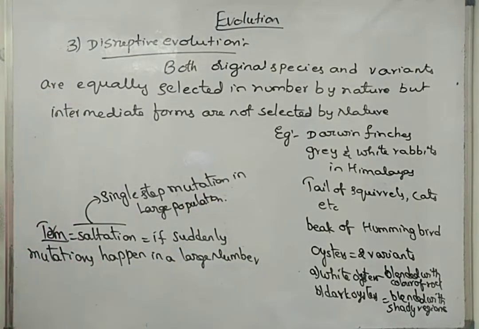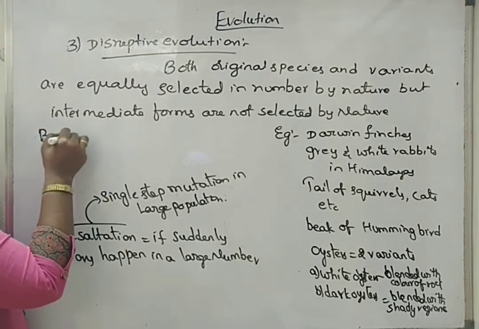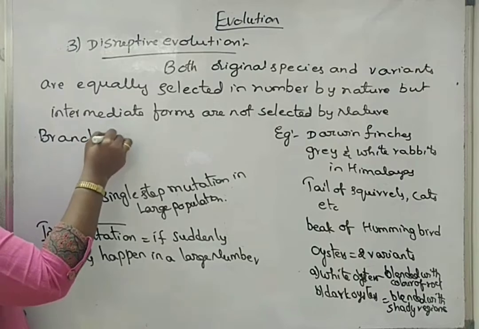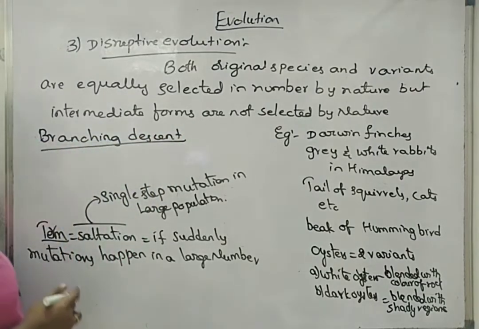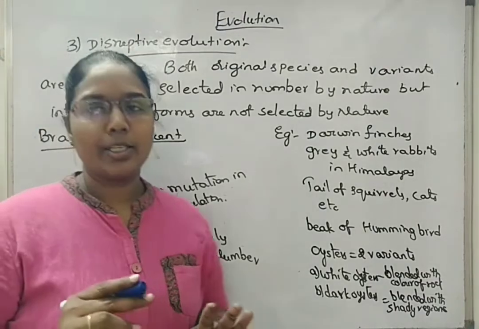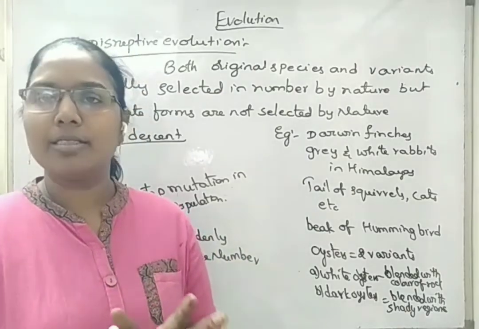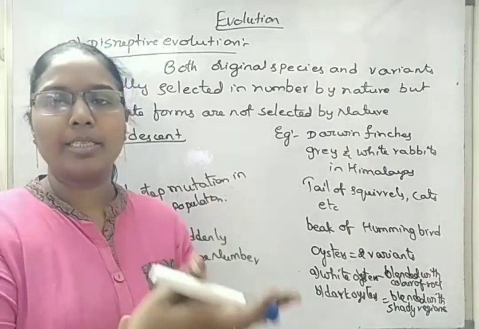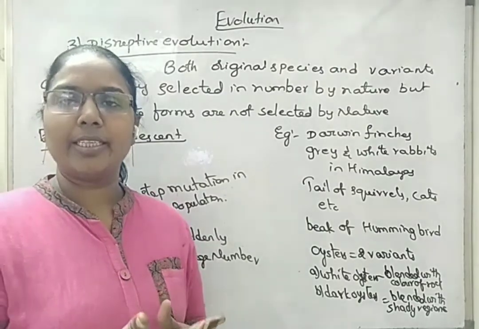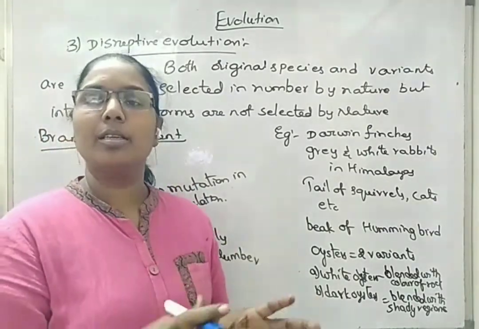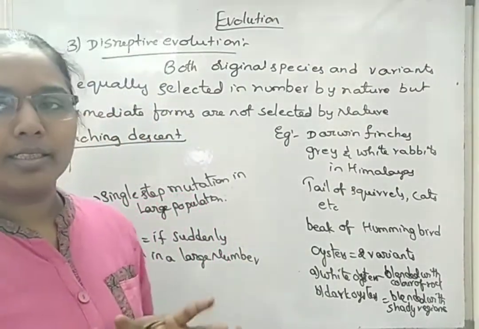Next, another term is branching descent. Branching descent means, in case of genetic drift, we consider the genetic material or the gene pool that has migrated from an existing population and develops new varieties. So all the genes in those new organisms we consider as genetic drift.